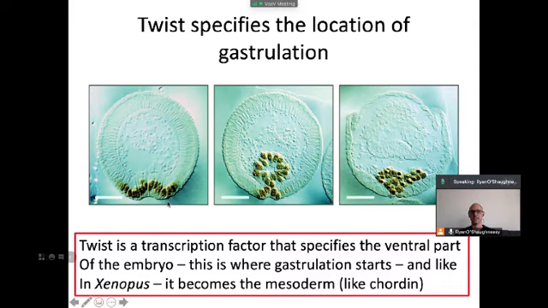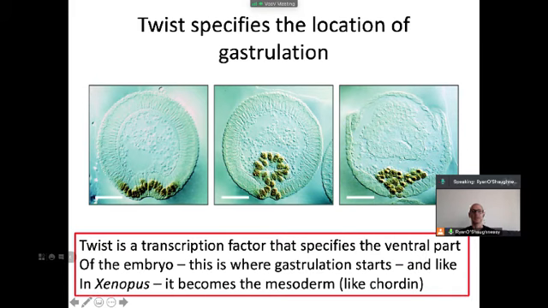These cells invaginate and involute, and then only these cells form these mesodermal structures. So twist is a transcription factor that specifies the ventral part of the embryo. This is where gastrulation starts in Drosophila.